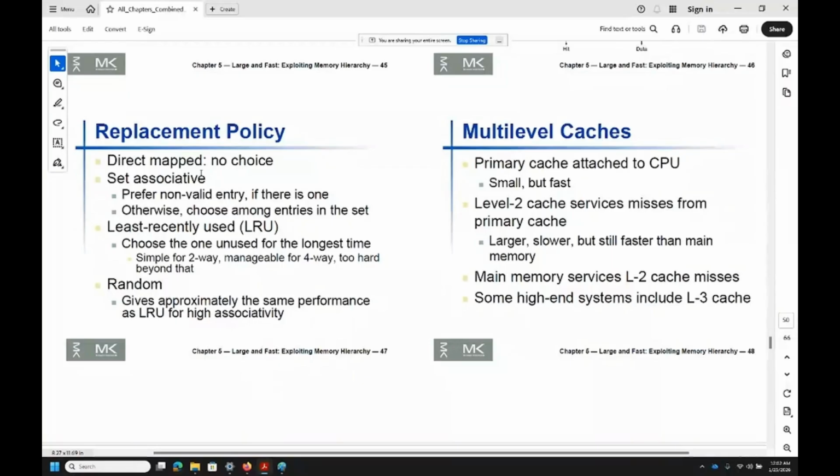You can do an interesting experiment on this. There's a way to write C programs for this. You can write a C program to read data from an array of a particular size, and figure out where the cache boundary is. If your array is a certain size, reading from the array will be really fast.